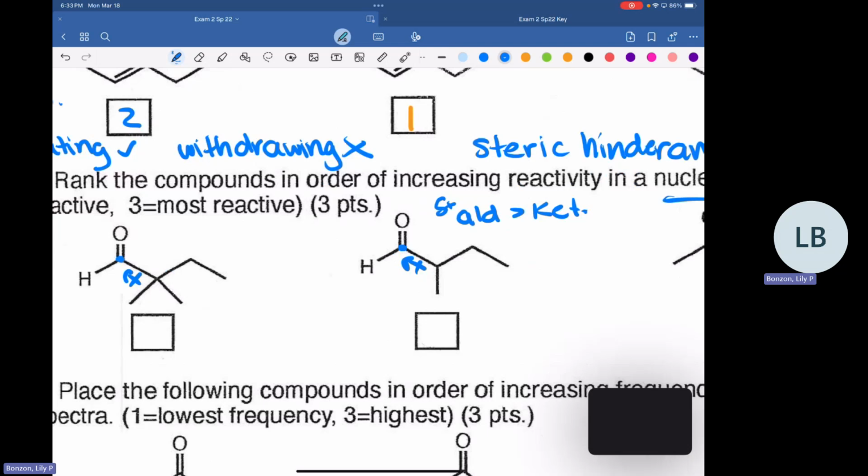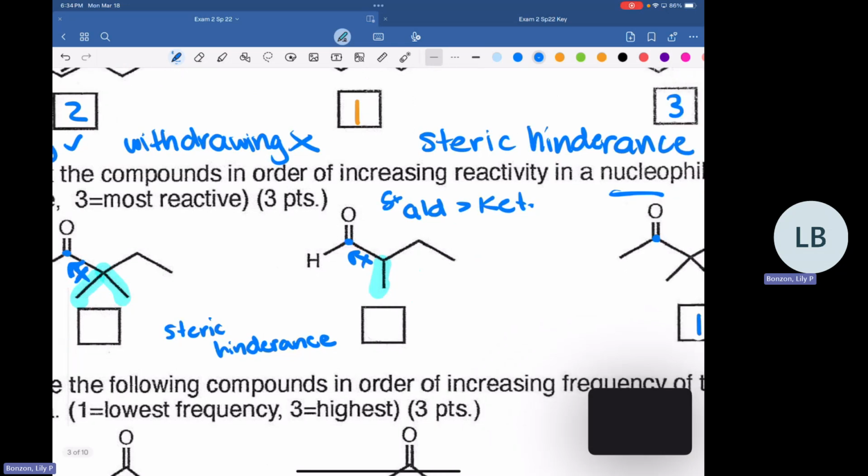Now comparing the left and the middle, we have two aldehydes. The only difference is their substituents. We've got a dimethyl and a single methyl, monomethyl. With this one as well, you'll want to watch out for steric hindrance. Or you could just think of it as the more groups that an atom or molecule has, the more it can donate to that partially positive carbon.